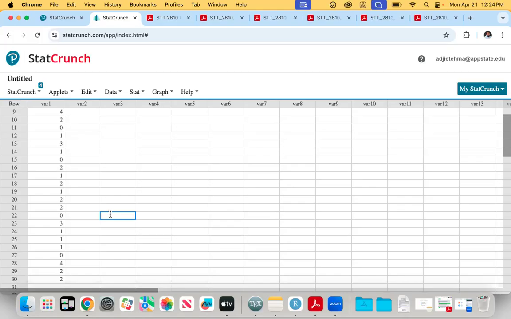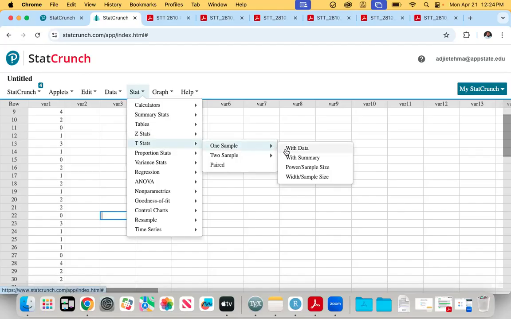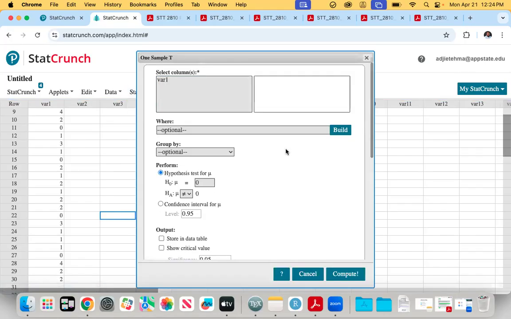And then I want the 95% confidence interval. So to do that, we go to Stat, T Stats, one sample, but this time around with data because we have the data. Is that okay? I click on with data. You select the column where you inputted the data. Here, I didn't spend time to name it, so it's still var1.